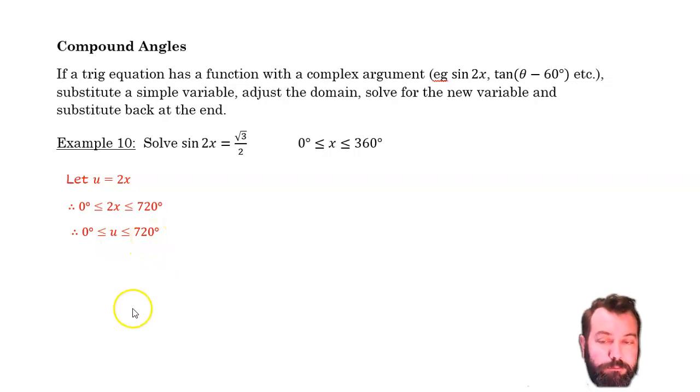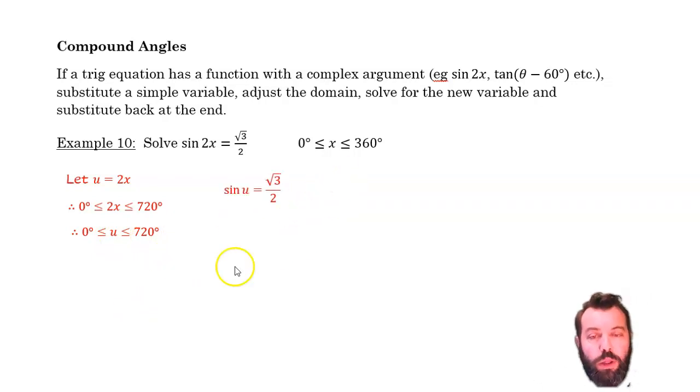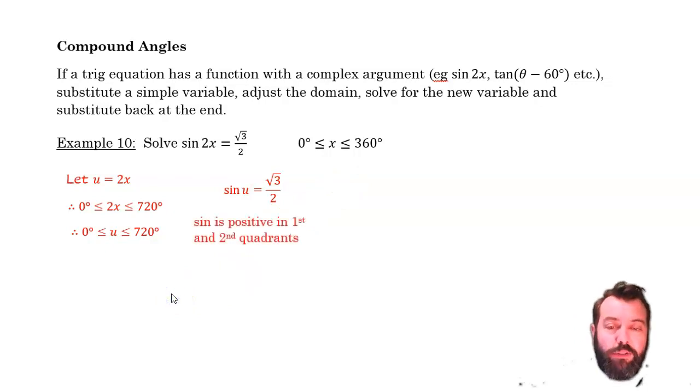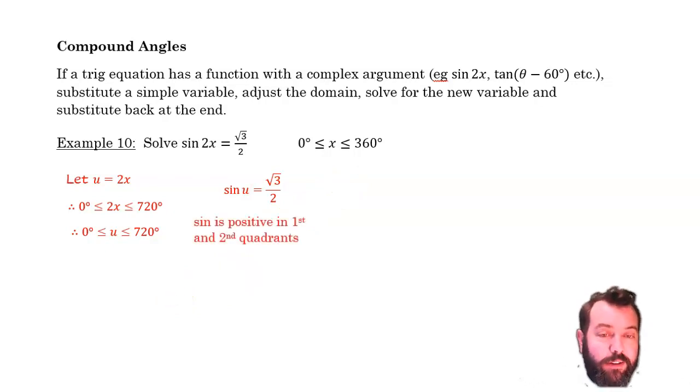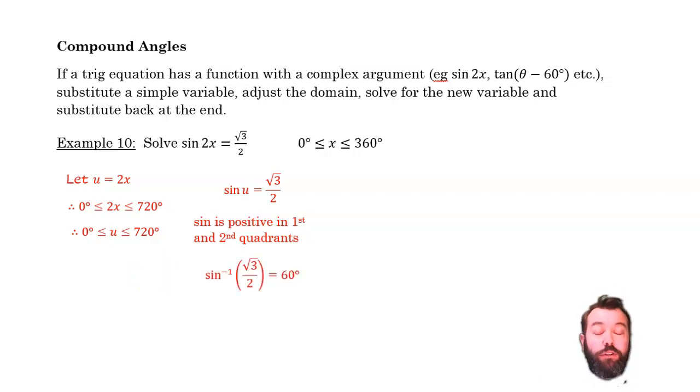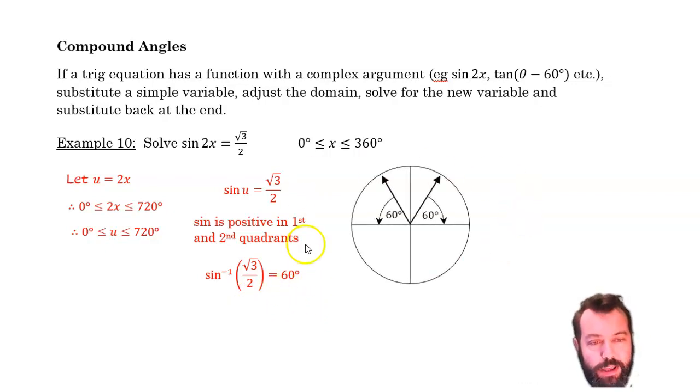Now, we already mentioned that our solution will be in the first and second quadrants. But keep in mind, it's not just between 0 and 360 anymore. The inverse sine of root 3 on 2 is 60, again. And here's my sketch.